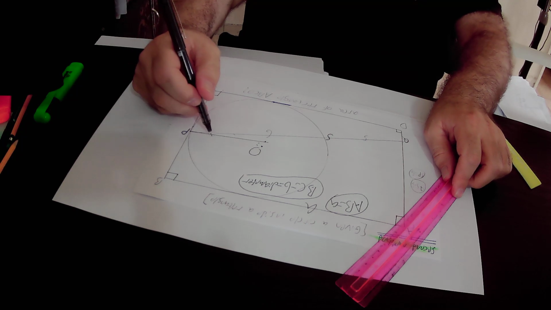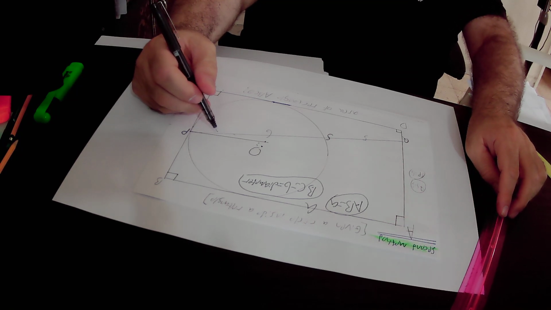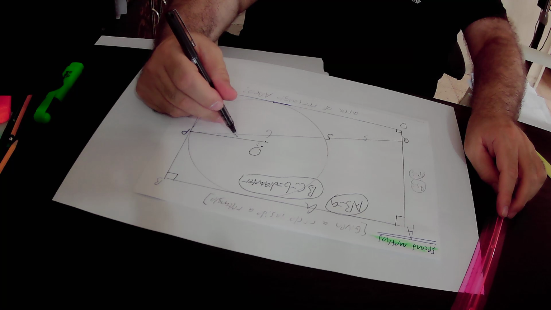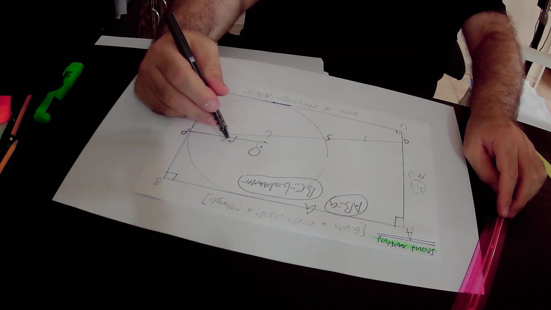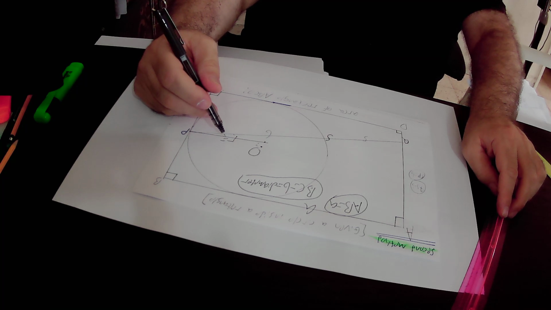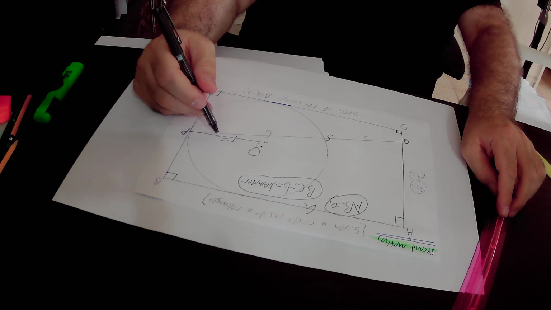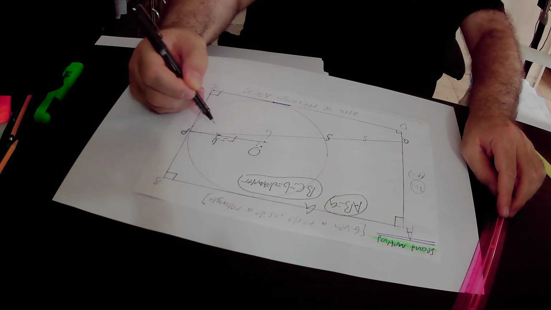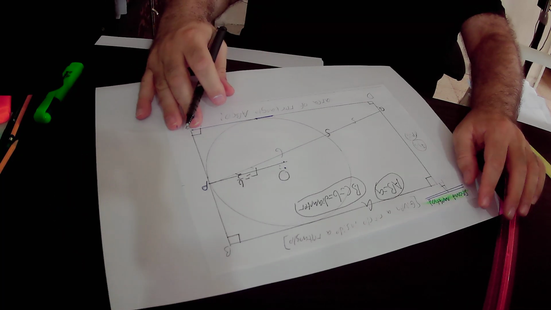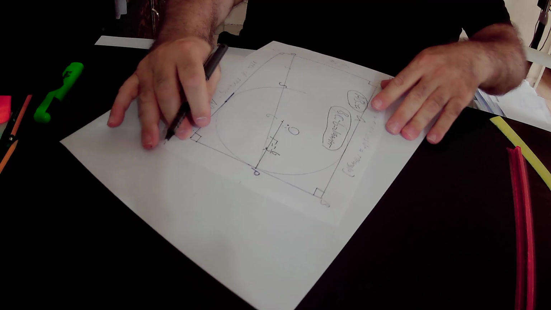Point P is a point on the circle itself, therefore OP is the radius of the circle that we define as R. If the diameter is B and the radius is R, then the radius of the circle must be equal to half of the diameter, that is to say B over 2.